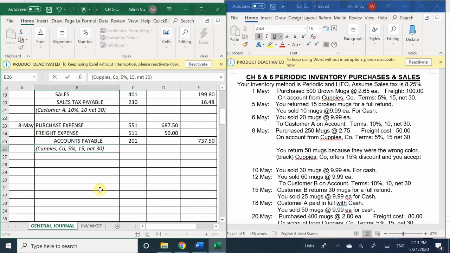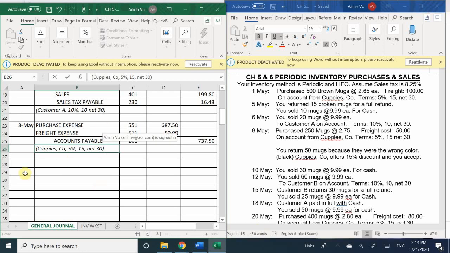We're not going to learn it in depth right now. I just want you to keep practicing how to journalize, use the chart of accounts, and get the numbers to match.